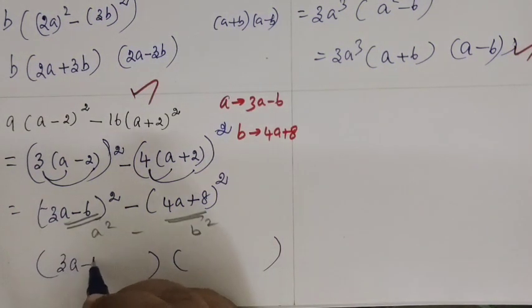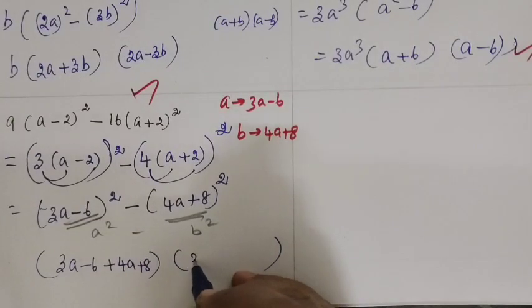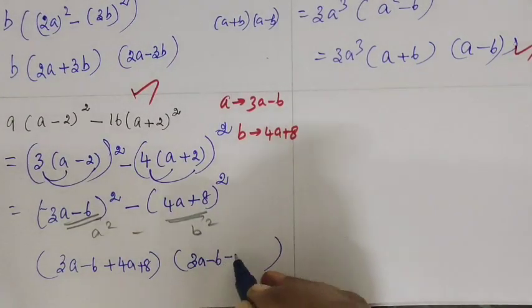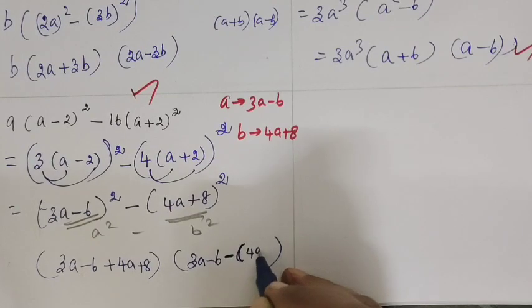So a plus b, then a minus b. When you write minus, definitely you have to put the bracket 4a plus 8.